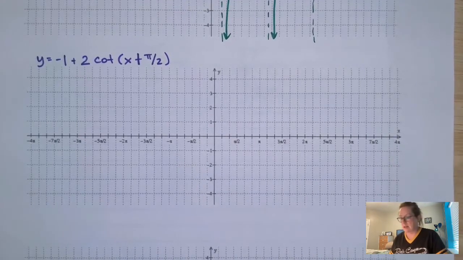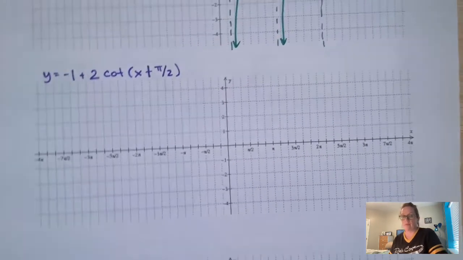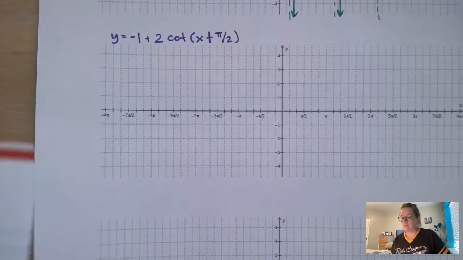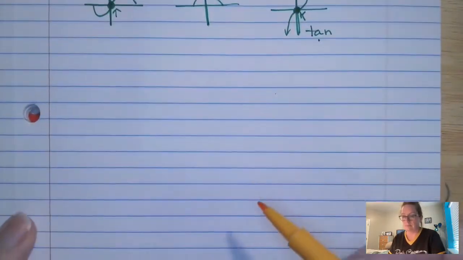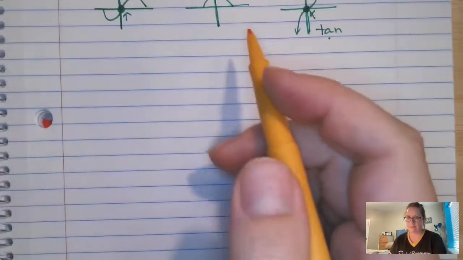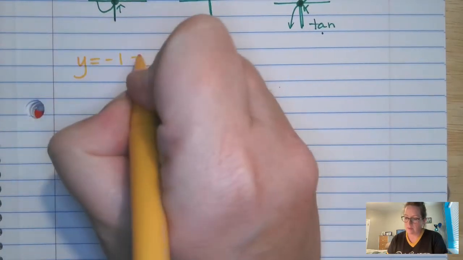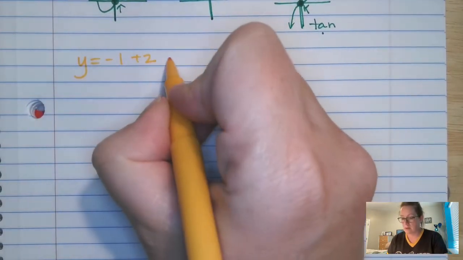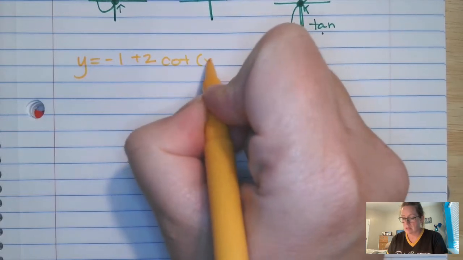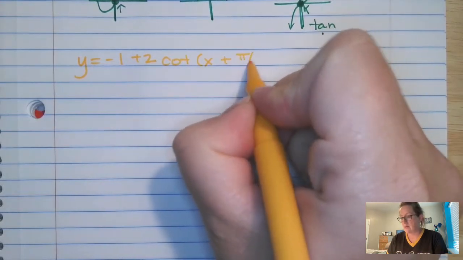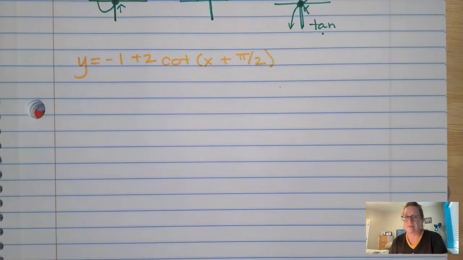Okay, so let's look at this guy. Write him down. So we have y equals -1 plus 2 cotan of x plus pi over 2.